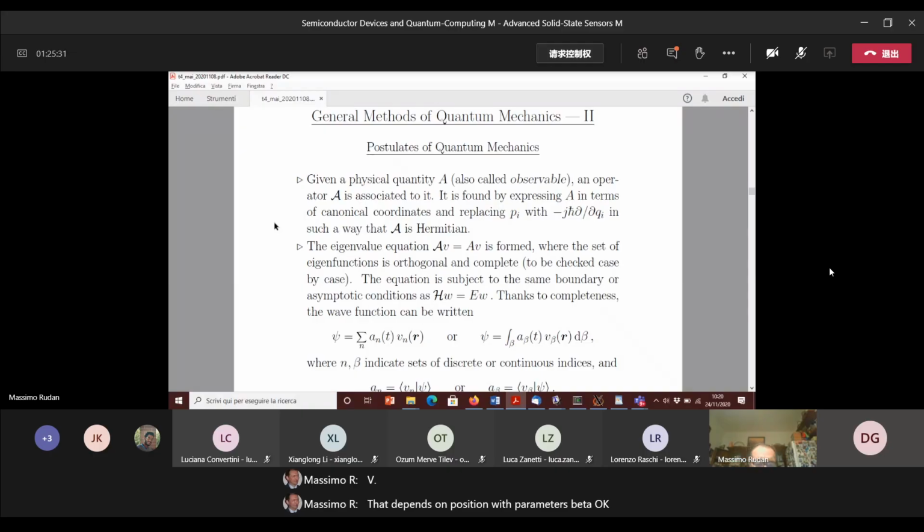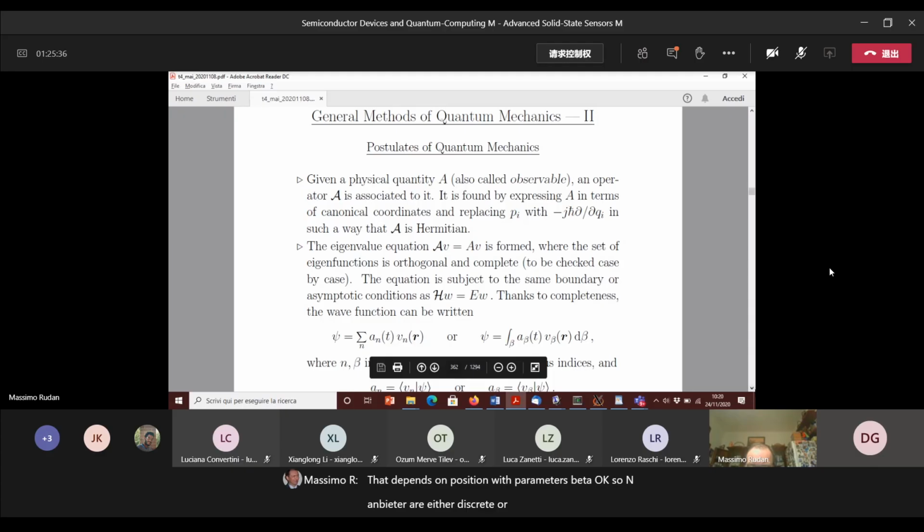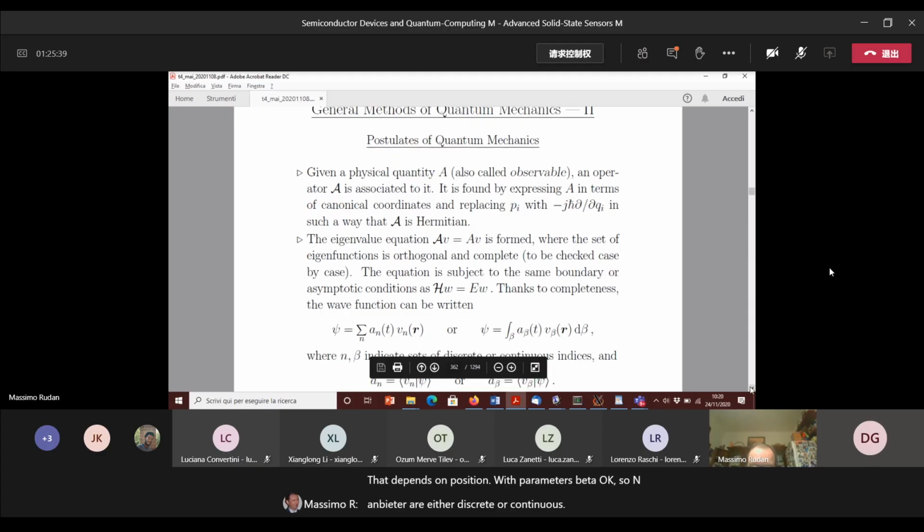Okay, so n and beta are either discrete or continuous indices.